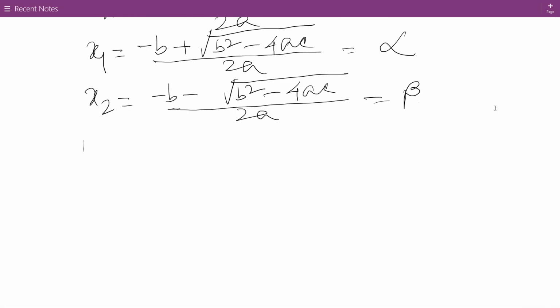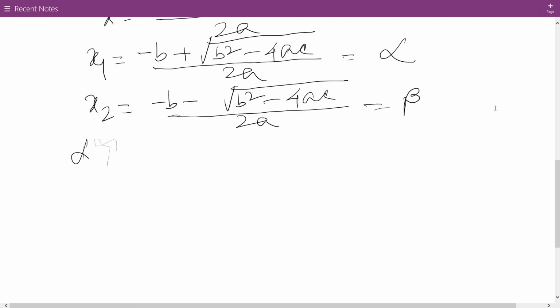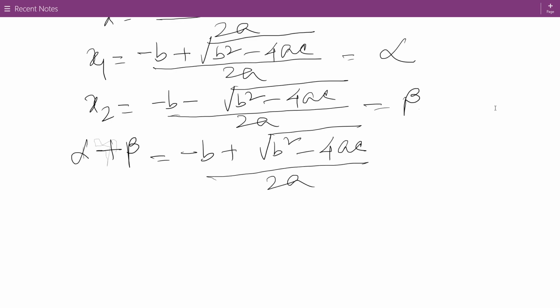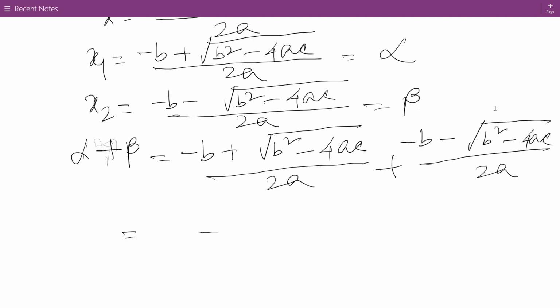That means alpha plus beta equals to minus b plus root over b square minus 4ac by 2a for alpha, plus beta means minus b minus root over b square minus 4ac by 2a. 2a is the LCM of these expressions.